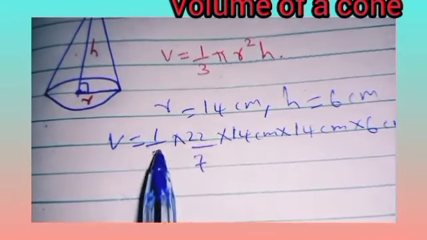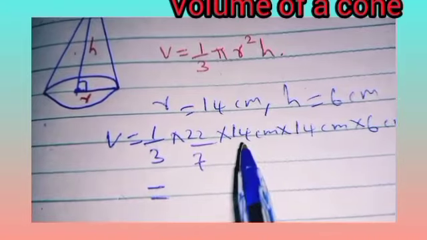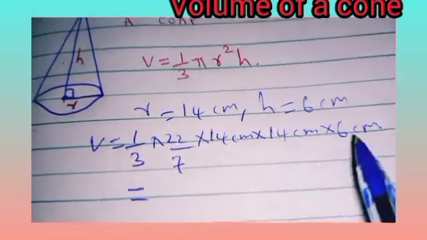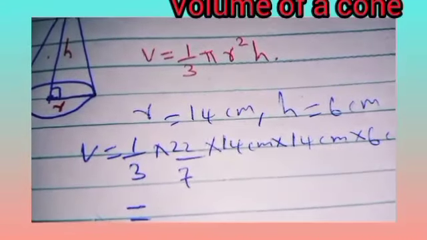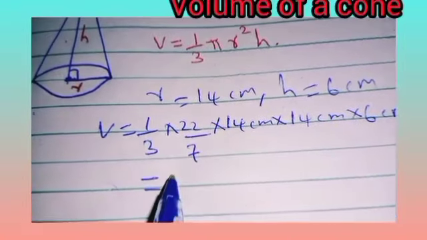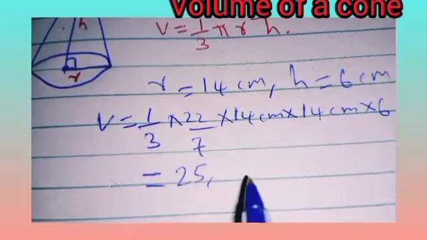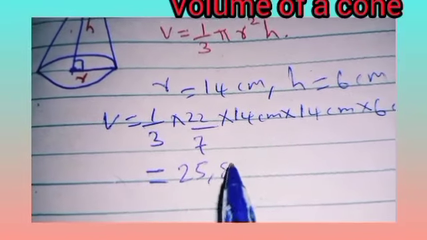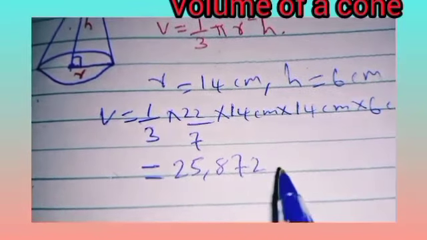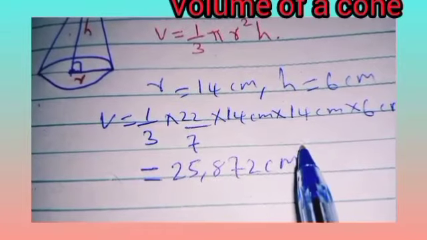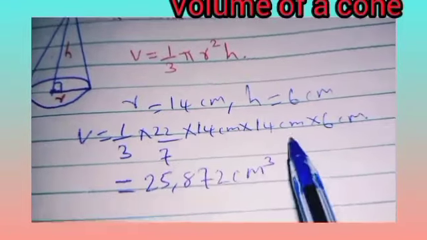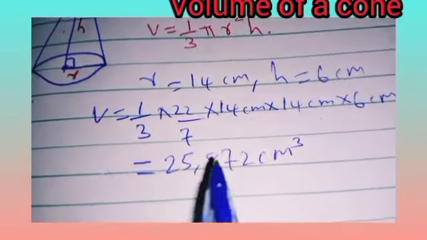So you have 1 times 22 times 14 times 14 times 6. You can use your calculator to do this, and this will give you 25,872 cubic centimeter. When you multiply centimeter by centimeter it will give you cubic centimeter.